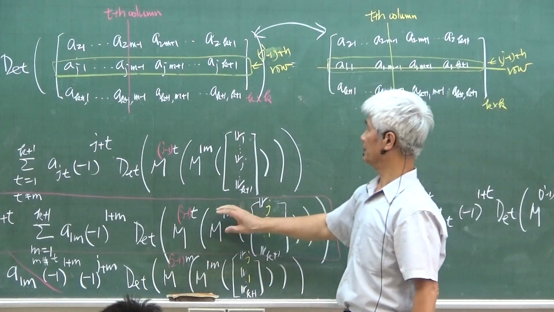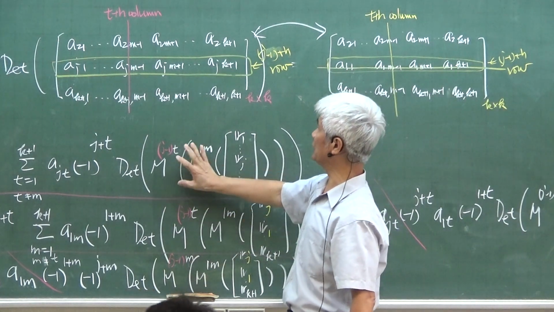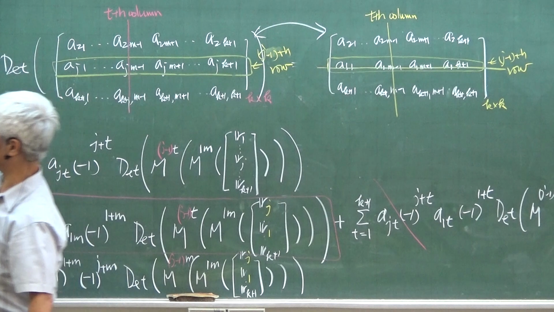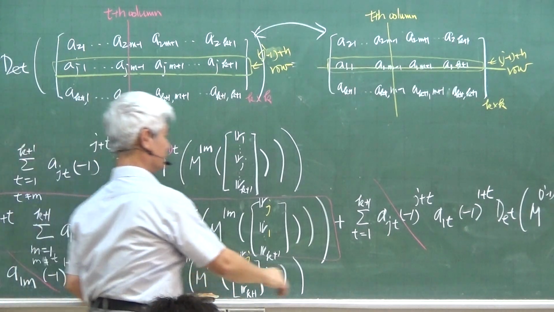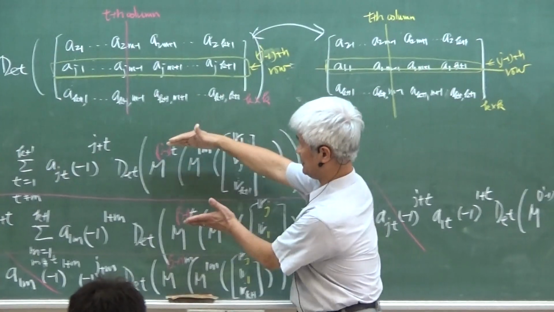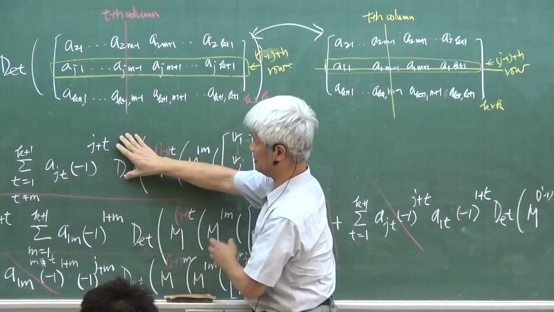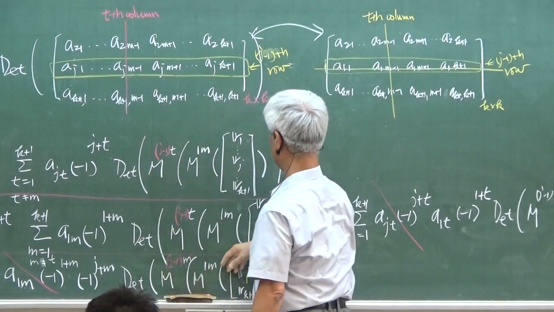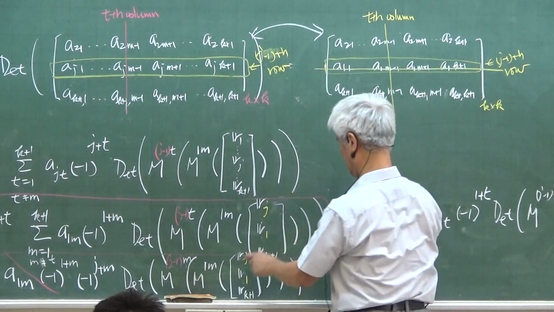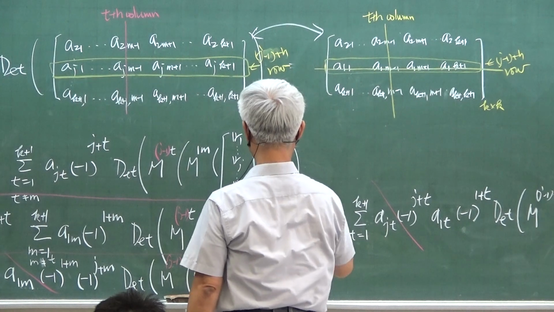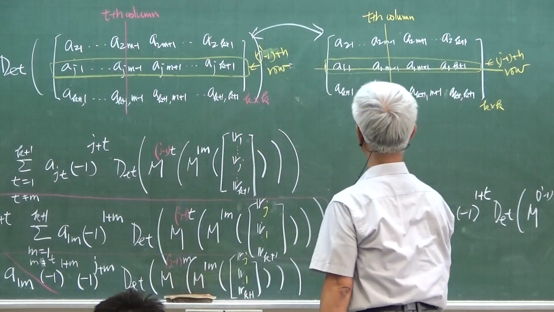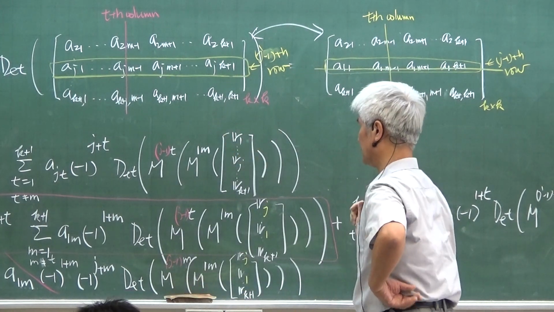Okay? But this is the same, right? So we can go back. Because of this identity, we can go back to here. So when we go back, it's the symmetry, right? This one is similar to this one, except the change of the two rows. But there is one thing I have to say, that is the minus sign.